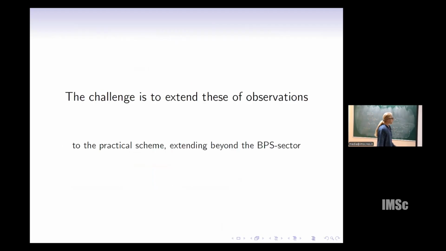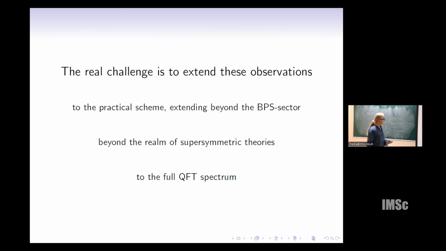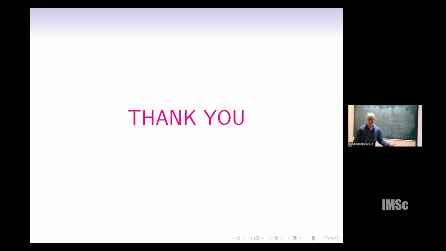The challenge, of course, is to extend these observations and observables to a practical scheme which would extend beyond the BPS sector, like in the AdS/CFT correspondence, and to apply to, let's say, real QCD. But this hasn't been done yet, and I thank you for your attention.